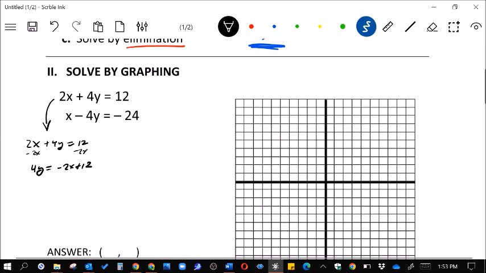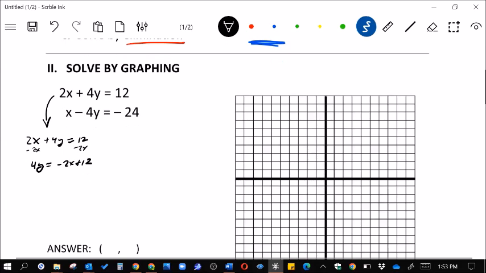And then I'm going to divide everything by the 4. Thing to remember here is to divide every term by the 4, even the one at the end. So we get y equals negative 1/2 x plus 3.